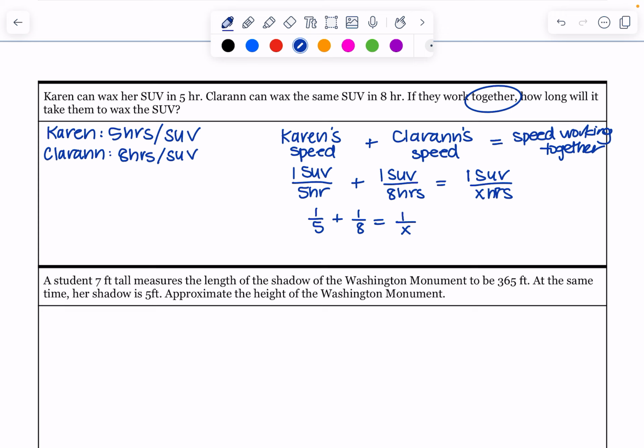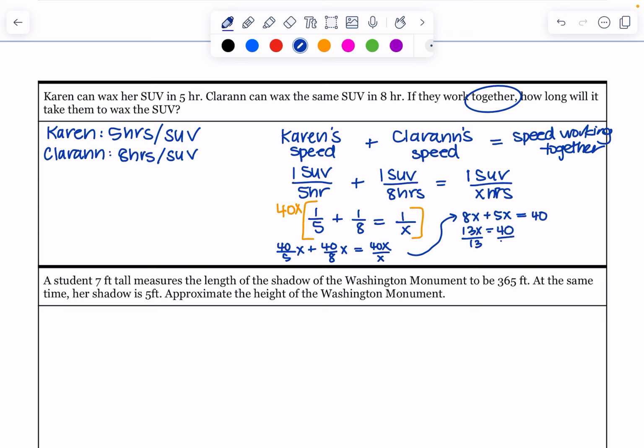And we're going to solve this equation. I'm going to multiply everything by 40x to get rid of the denominators. I'm running out of space, so I'll write small. 40x over 5 plus 40x over 8 is equal to 40x over x. That gives me 8x plus 5x is equal to 40. 13x is equal to 40.